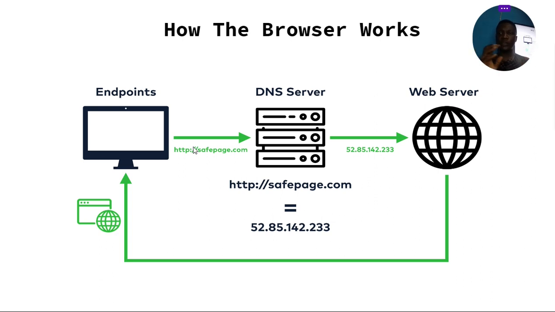So to mediate between the human being and the computer, the domain name server will serve safepage as this IP. Now the web server will understand this and send you to the actual location where the file is stored. And this file is rendered in the form of a response to your browser. This is the means of communication between the browser and the server.